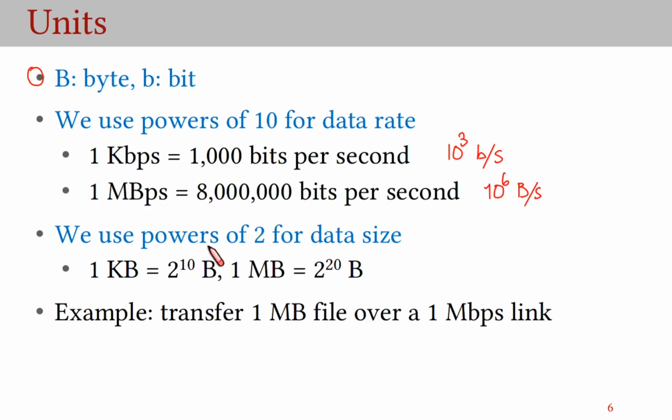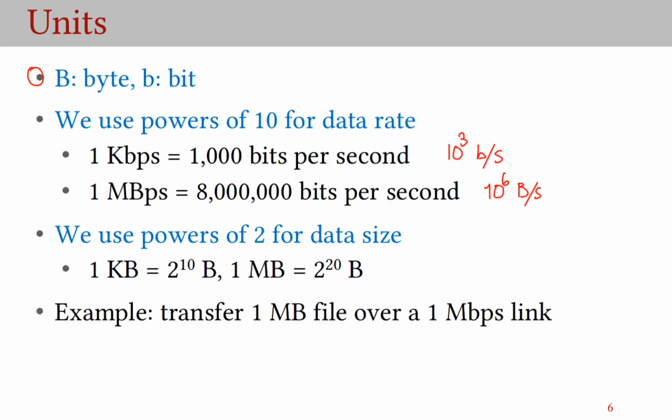However, we use powers of 2 for data size. Therefore, 1 kilobyte is 2 to the power 10 bytes, and not 10 to the power 3 bytes. Similarly, 1 megabyte is 2 to the power 20 bytes. This can get confusing when both of these conventions are used simultaneously, which is not infrequent. We will actually get in this situation when we calculate delay in the next few slides.